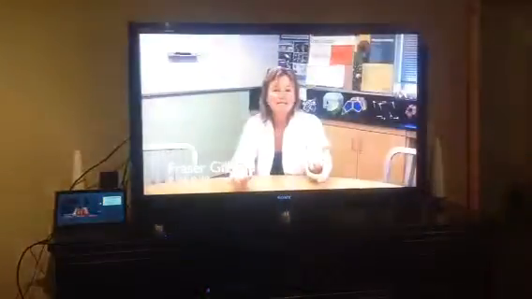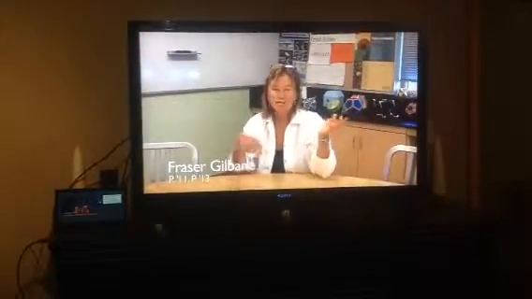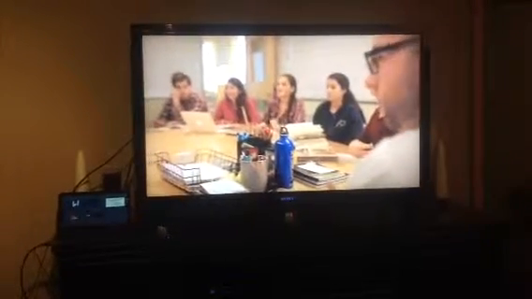Rocky Hill utilizes the Harkness table, which is a large oval table around which I'm sitting right now. And it's a different methodology of interaction of kids in the classroom. And my kids have benefited from it because there's nowhere to hide in a classroom like this.